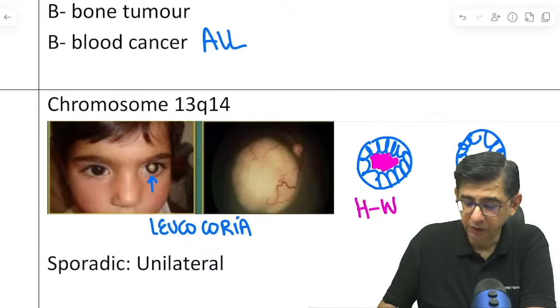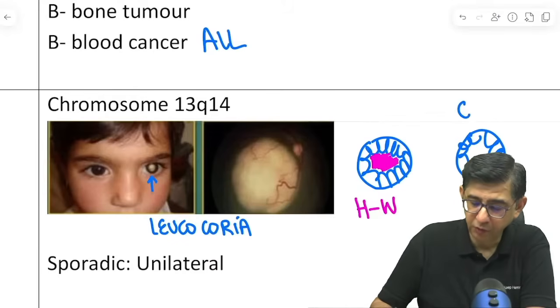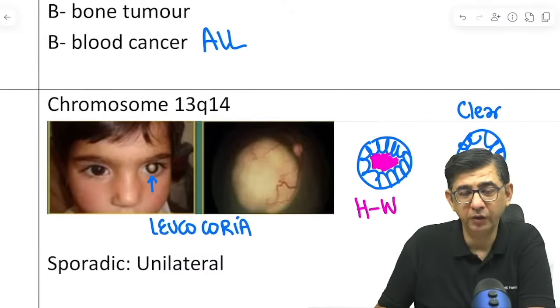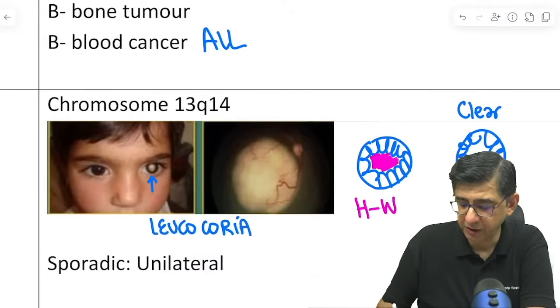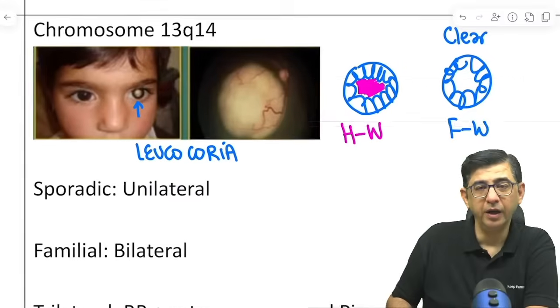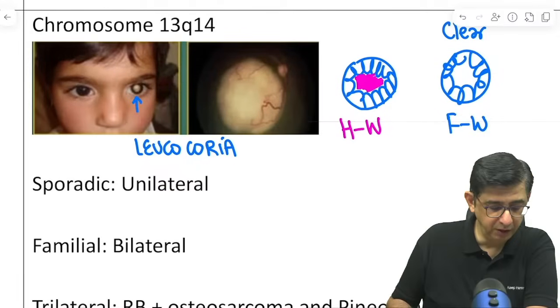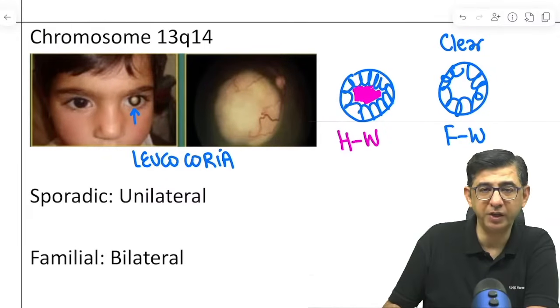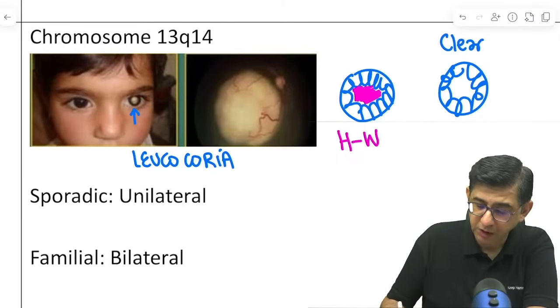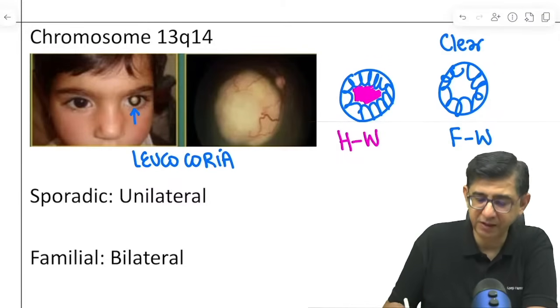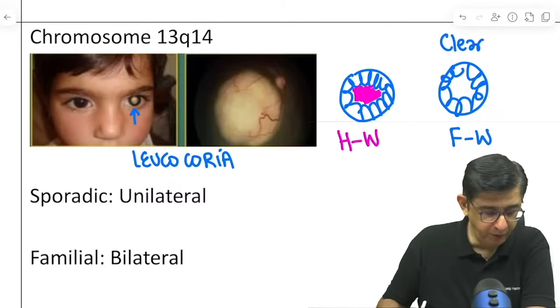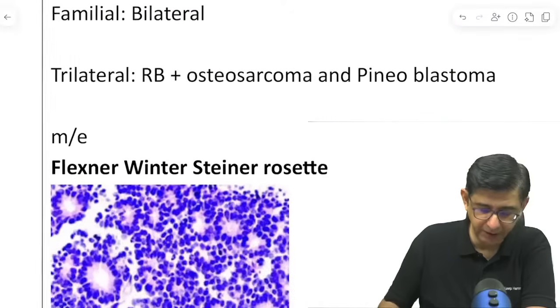But अगर अंदर वाला एरिया बिल्कुल क्लियर है, if you are gonna get a clear area in the middle, then it would be a Flexner-Wintersteiner rosette that would be occurring. I highlight the feature once again. If you find emptiness present in the center of it, then it would be called as a Flexner-Wintersteiner rosette. Let me now show you the slide. Yes, the clear sky.